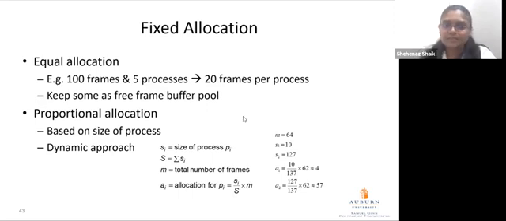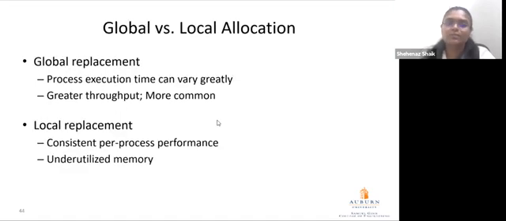Once we allocate some number of frames to each process, naturally, the next question is what happens when we have to perform a replacement? Whenever we have to perform a replacement, again, we have two different approaches. One of them is global replacement, and another one is local replacement.